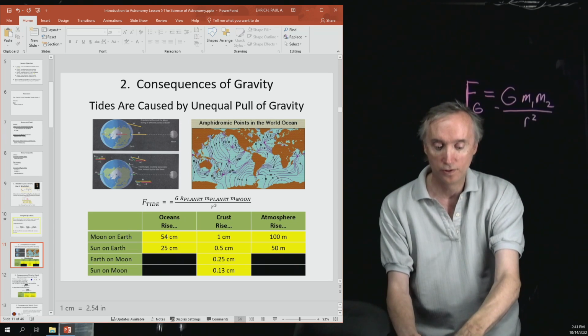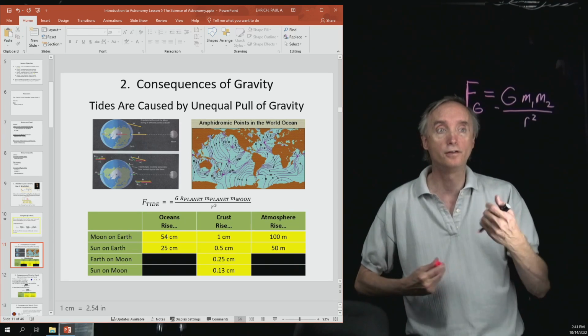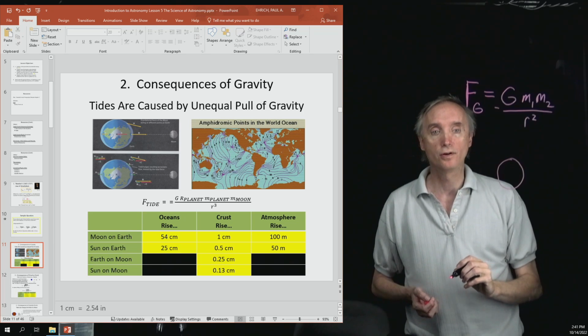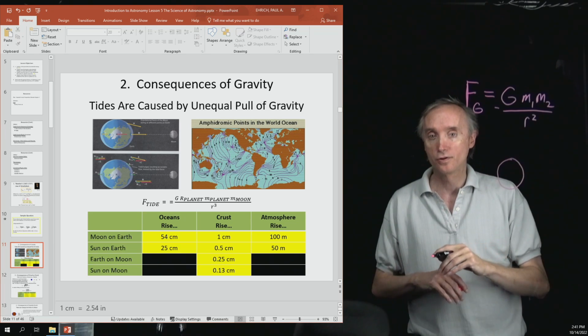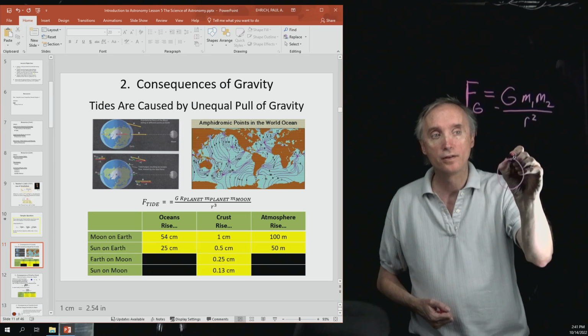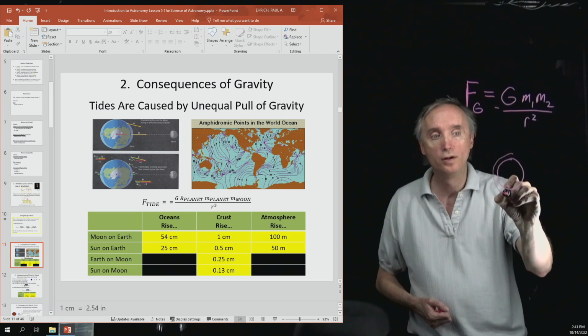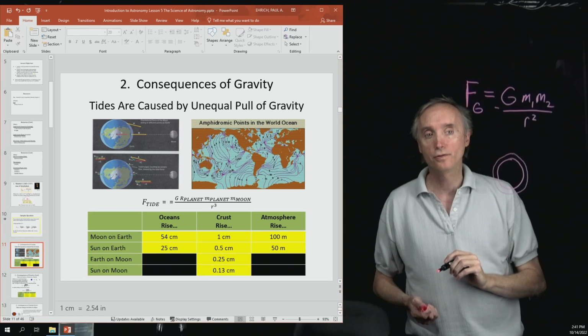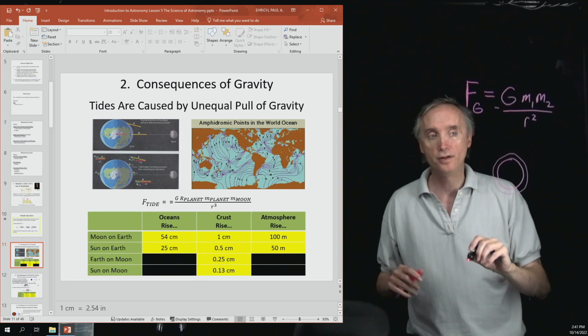So if we were to draw a picture of what's going on here, let's pretend that there's the earth, and now let's assume that there are no other objects nearby, so that the oceans would form a nice uniform layer around the earth. Okay, now let's include the effects of the moon.